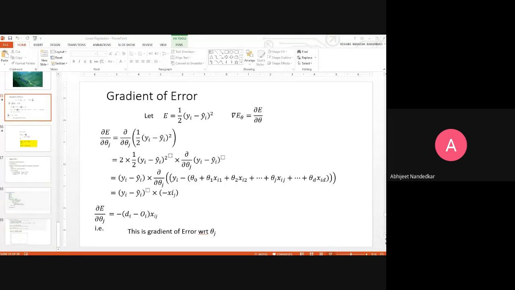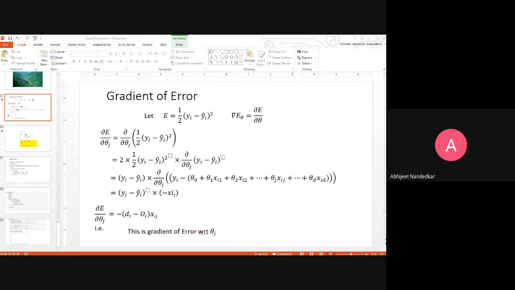Earlier it was f of x only. So this is the many variable problem, or multivariate problem. Since there are many inputs deciding the value of y, it is called multivariate.